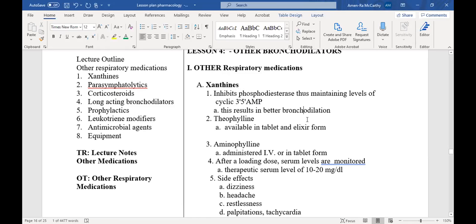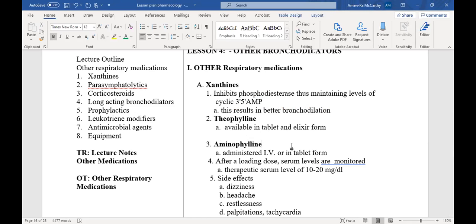All right, now what are those drugs? Xanthine drugs are theophylline and aminophylline. Okay, theophylline and aminophylline are the two xanthines.